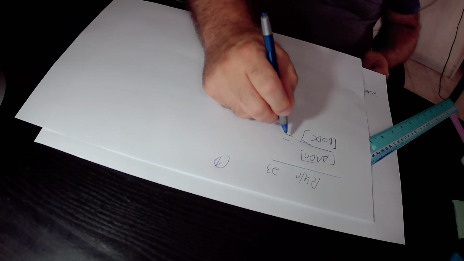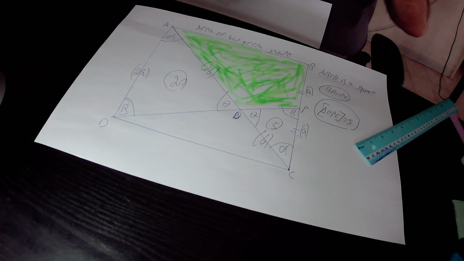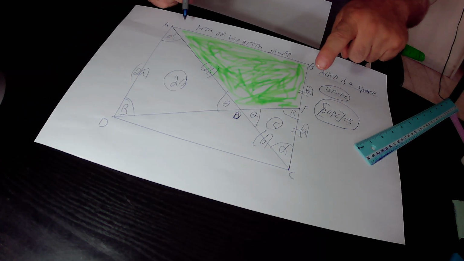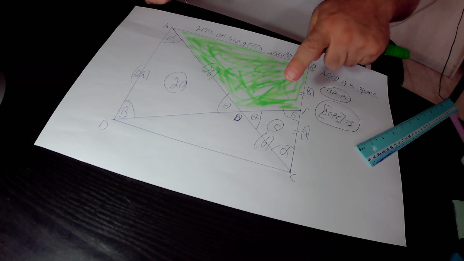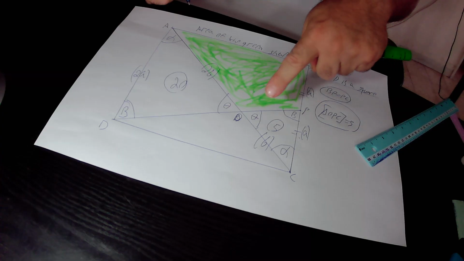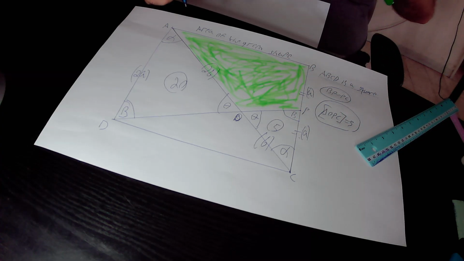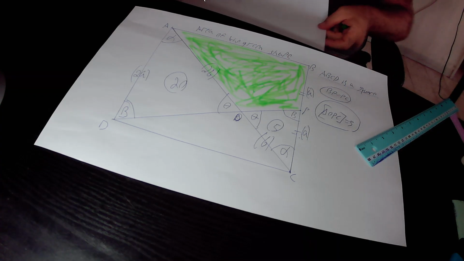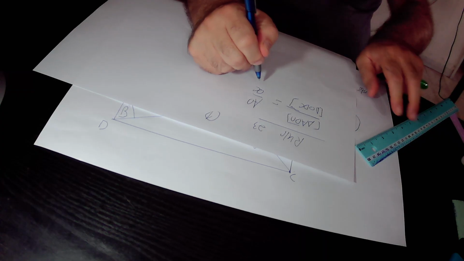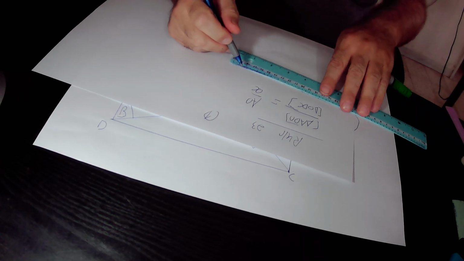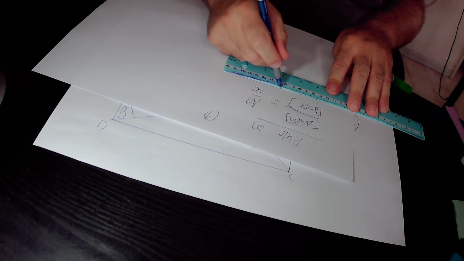That ratio is equal to the ratio between their corresponding bases. The base of triangle ADO is AO, and the base of triangle OCD is OC. So the ratio between their corresponding bases is AO over OC. So this equation is the implementation of rule 23 in our drawing.